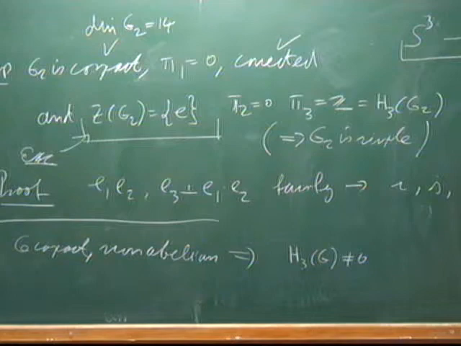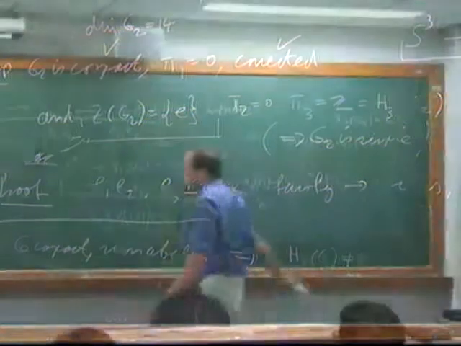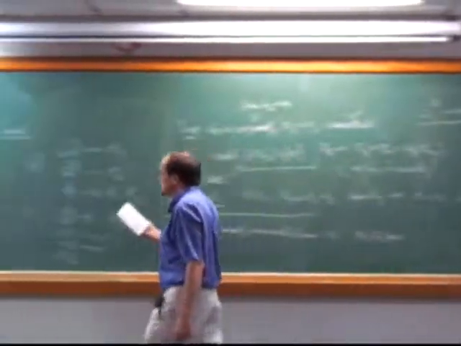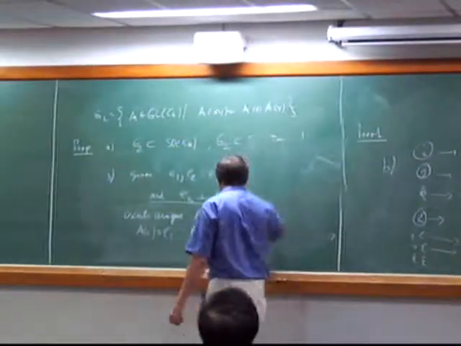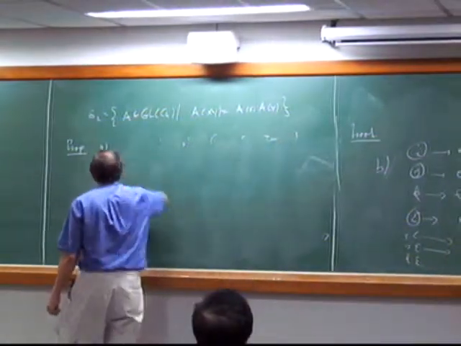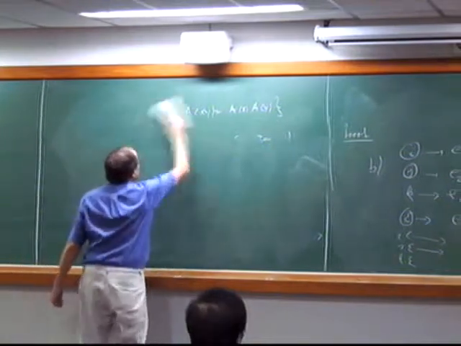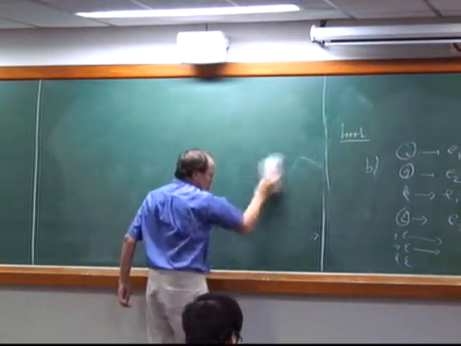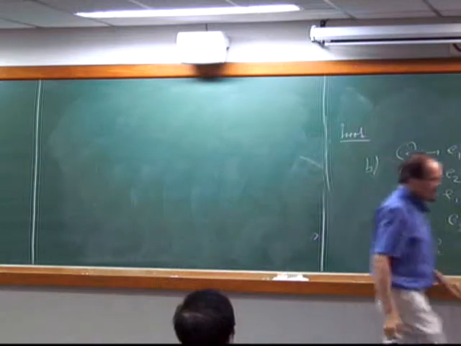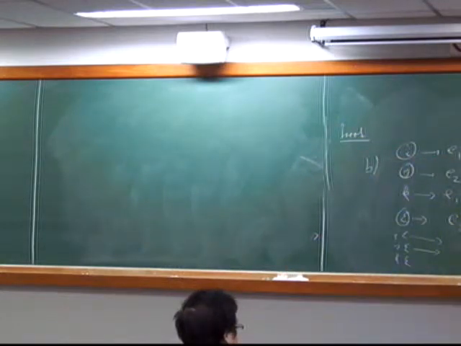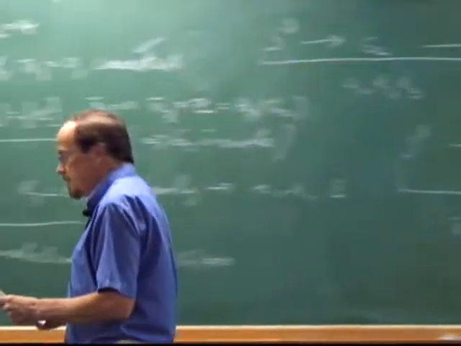Maybe the last thing I want to mention about exceptional Lie groups is a definition of F4. Not going to prove anything about it, but at least I want to have you see one definition of another exceptional Lie group.